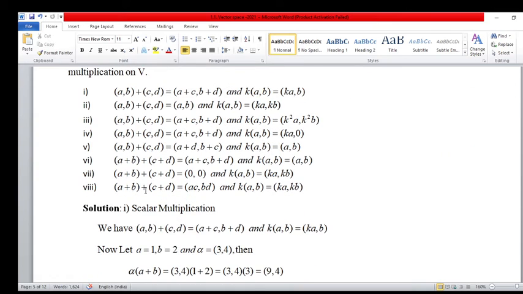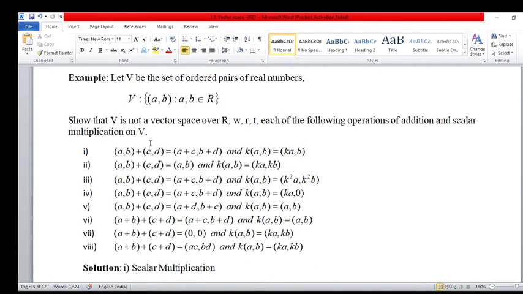So these 8 conditions are already given. First ordered pair plus second ordered pair is equal to, we obtain this. Then the third is first ordered pair, second ordered pair, and this condition is possible.